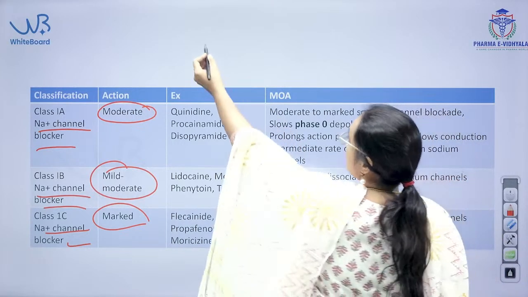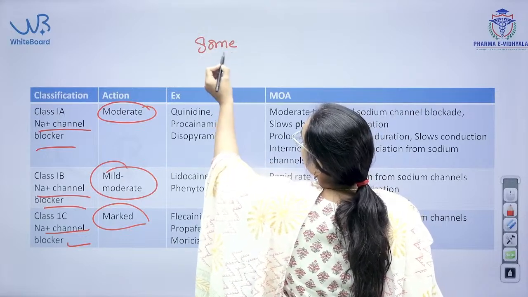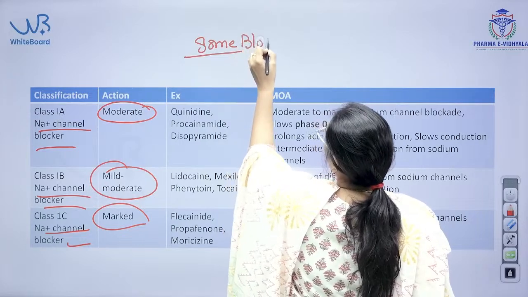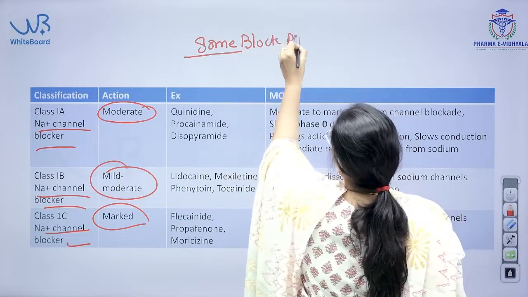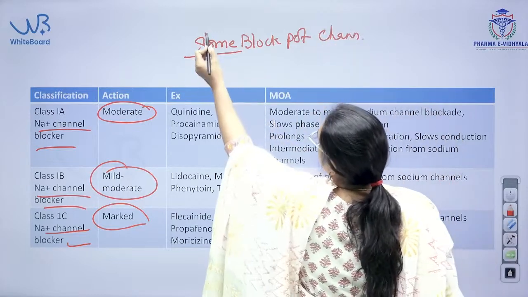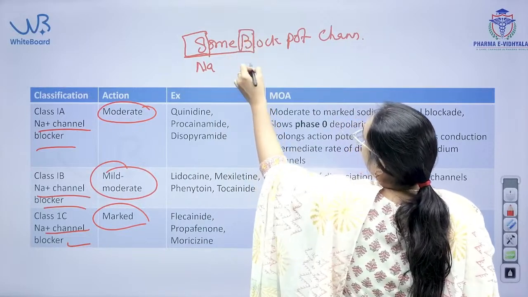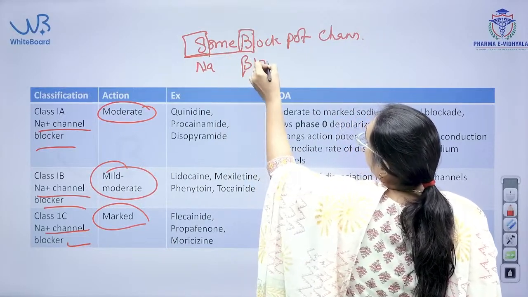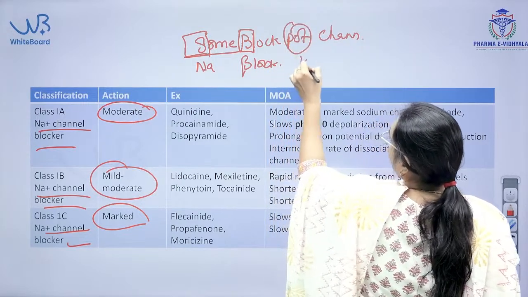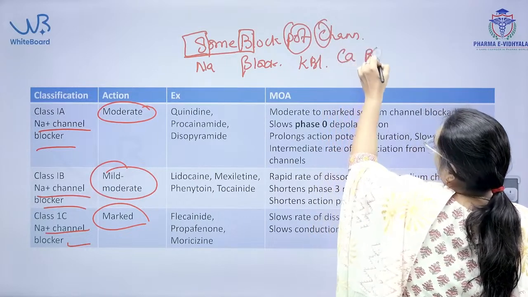Okay. Here some block potassium channels. Some is sodium, beta blockers, B for beta blockers, potassium blockers, C for calcium blockers.